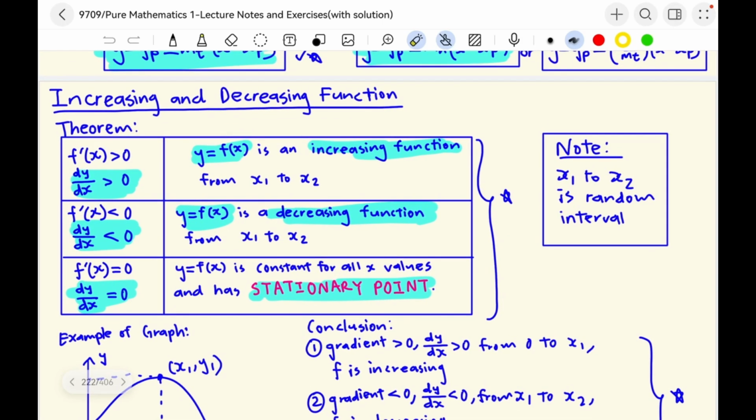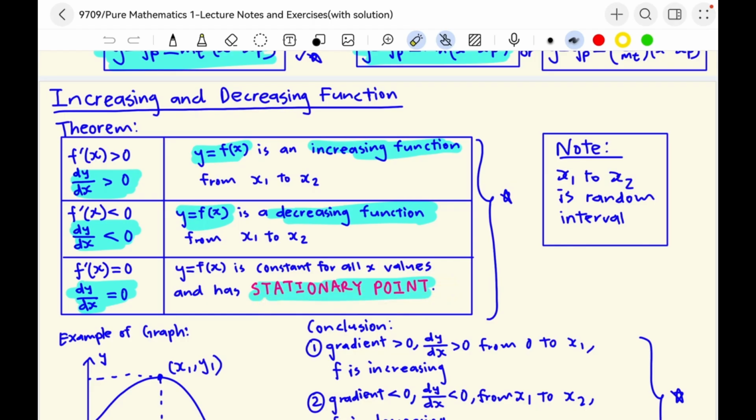As we have known, dy/dx is the derivative or the gradient of the function. So now we can use the fact of these definitions to determine whether the point of contact on the original function is an increasing or decreasing function, and even whether at a certain x coordinate it's a stationary point.